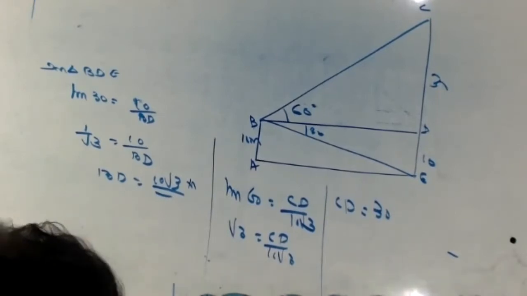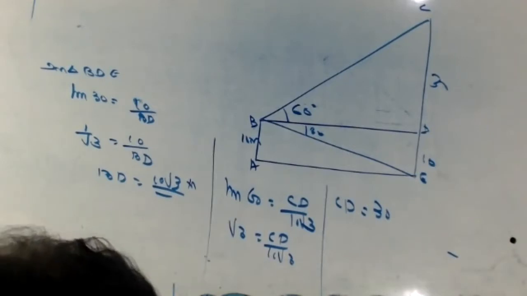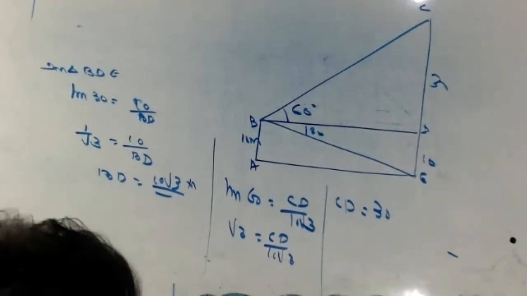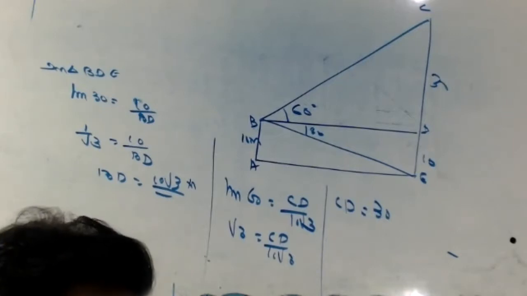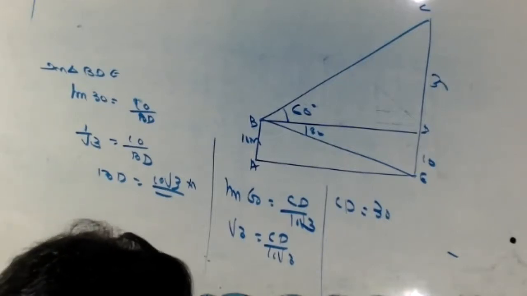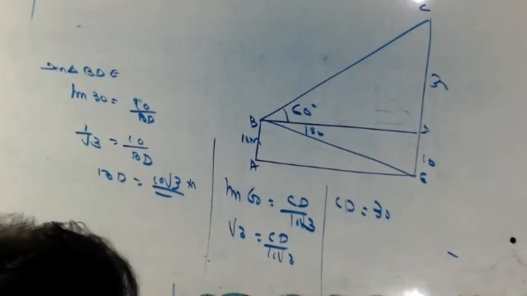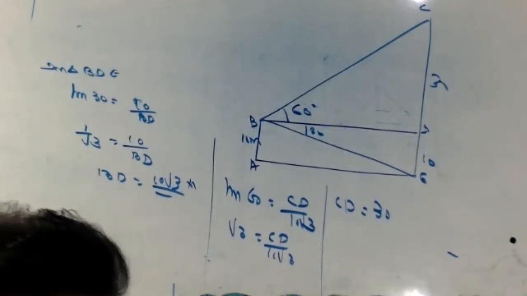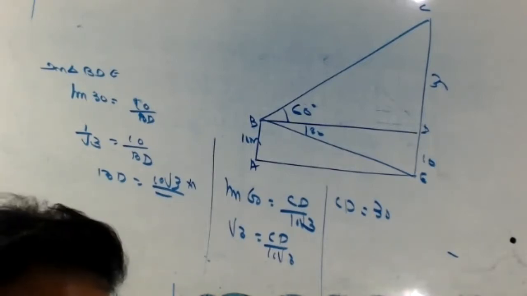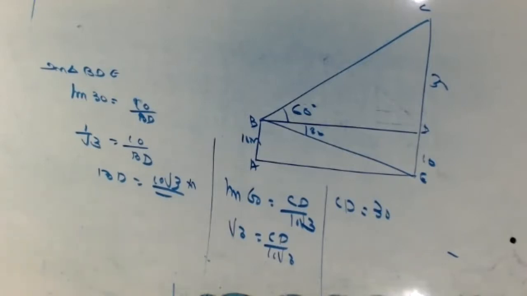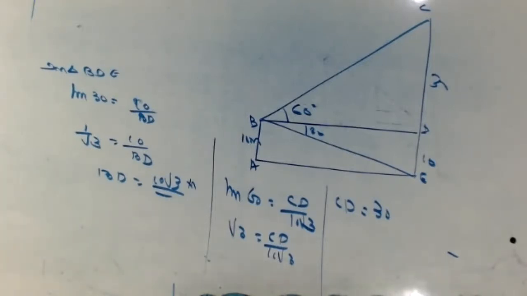Once again, the angle of elevation of the top of a hill at the foot of a tower is 60 degree, and the angle of depression from the top of the tower to the foot of the hill is 30 degree. If the tower is 50-meter height, find the height of the hill.